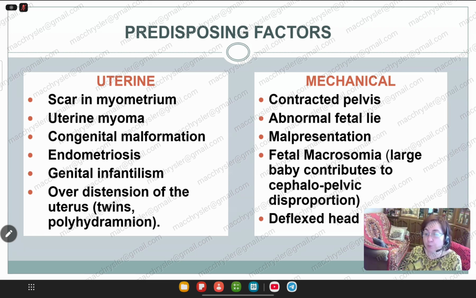In this case, there is formation of CPD, cephalopelvic disproportion, and there can be obstruction of labor. And in this case, we quite expect secondary uterine inertia and arrest of descent, for example, first arrest of descent.